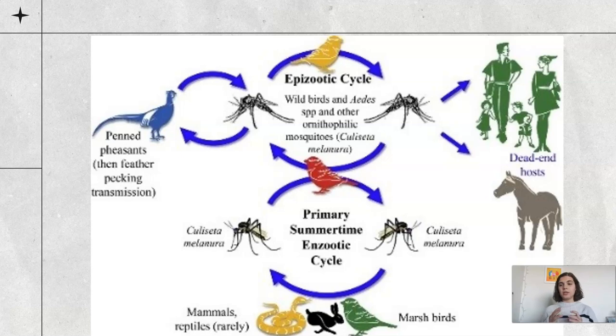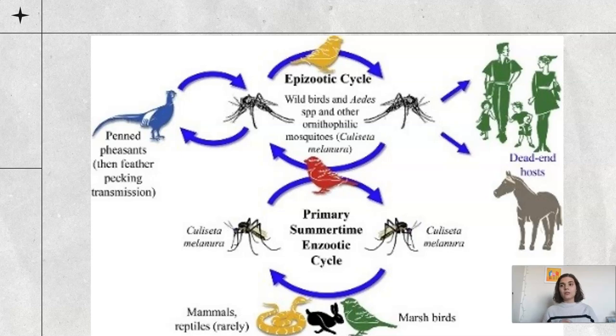Then this bird is now an incubator for the triple E virus. Once this bird is infected with the triple E virus, another mosquito, something that would bite a mammal, bites this bird, and then goes on to bite a human or a horse or another mammal and infects that animal with triple E. Humans and horses are actually dead-end hosts, so there's nothing really in the life cycle after humans and horses are infected.